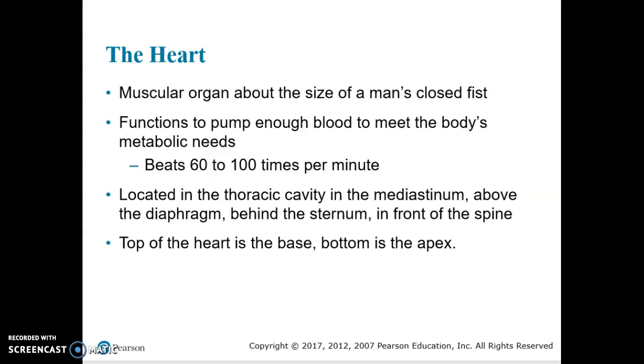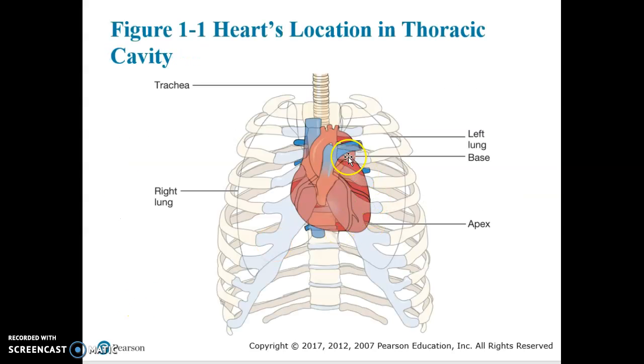It's located in the thoracic cavity in the mediastinum, above the diaphragm, behind the sternum, and in front of the spine. One thing I want to point out, so don't get this confused, please. It's backwards. The very top of the heart, right here in this picture, is the base of the heart.